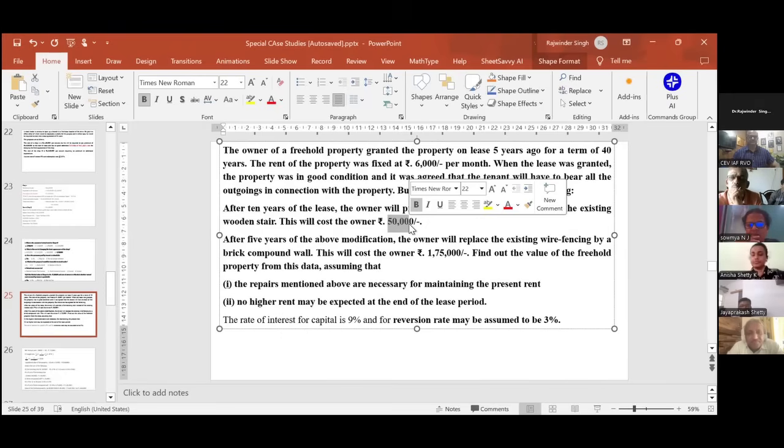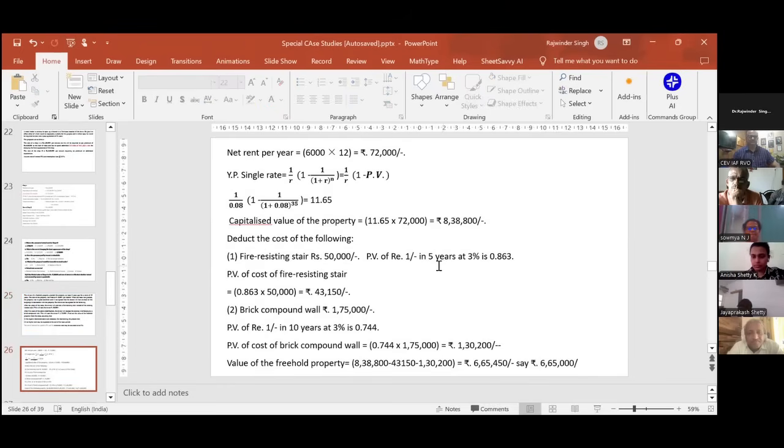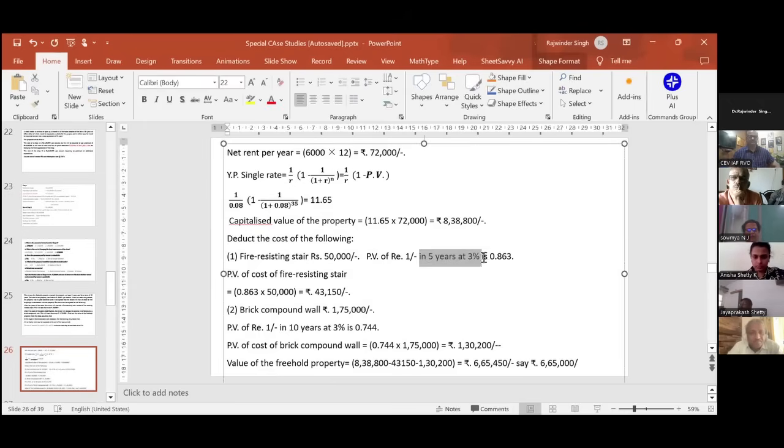It is 1 over 1 plus R raised to power n. Otherwise, you can calculate in Excel also. You can calculate its value. See here. Present value of ₹1 in 5 years at 3% is 0.863.